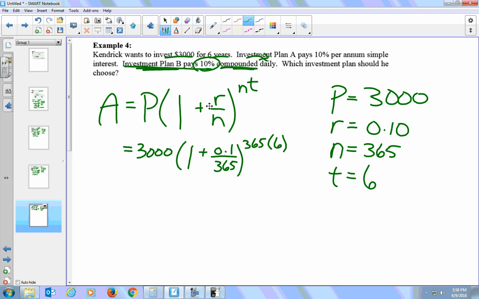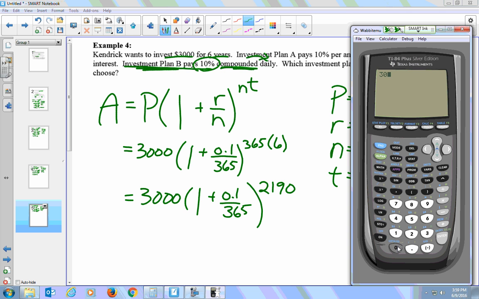Okay, so if we do that, again, we want to calculate this exponent first before we enter it. 3,000, 1 plus 0.1, 365, and 365 times 6 is 2,190. And now we can enter that.